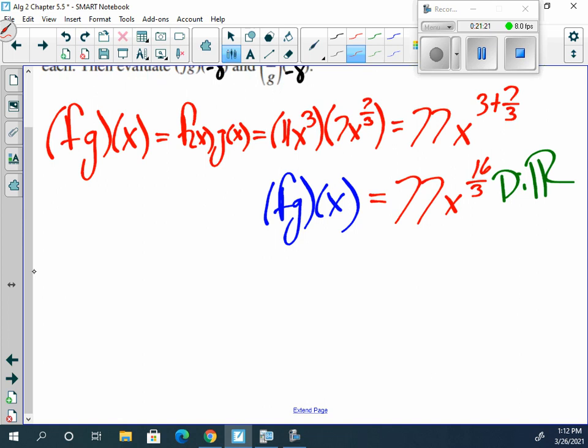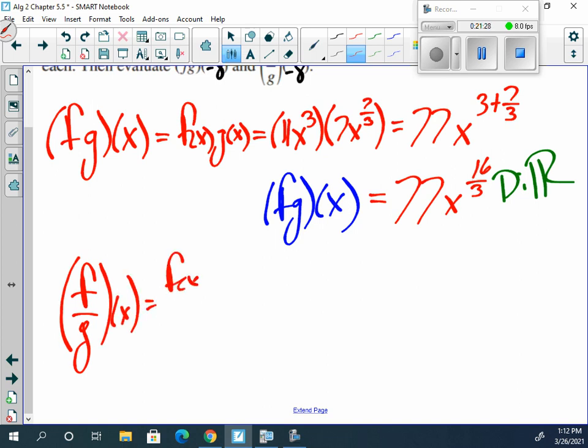Okay. So this would be f divided by g of x, which would be f of x over g of x. So we'll have 11x to the third divided by 7x to the 7/3.